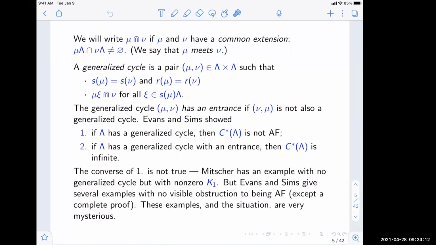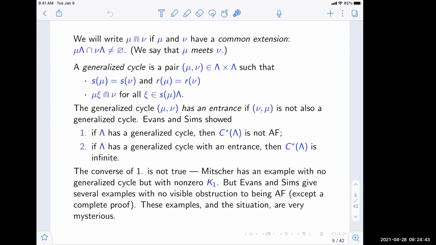Wow, okay, thank you. So I'm writing this mu lambda for all compositions mu nu, where nu is in lambda. So this intersection represents all the common extensions of mu and nu. And if there exists a common extension, we say that mu and nu meet. And I use that funny intersection symbol for that.